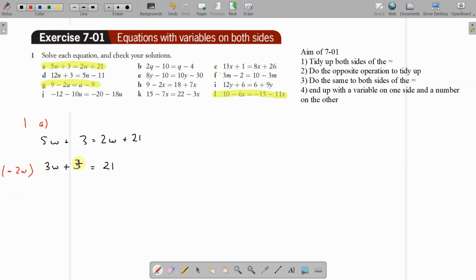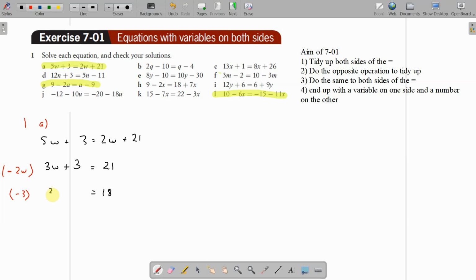Next, we go here and we see there's a variable, number, number. So we now get rid of this number here, the plus 3. We're going to do the opposite to plus 3, which is minus 3. We're going to take 3 away from this side and this side. On this side first, 21 minus 3 is 18. Then on this side, we can't take 3 away from 3w, but we can from plus 3.